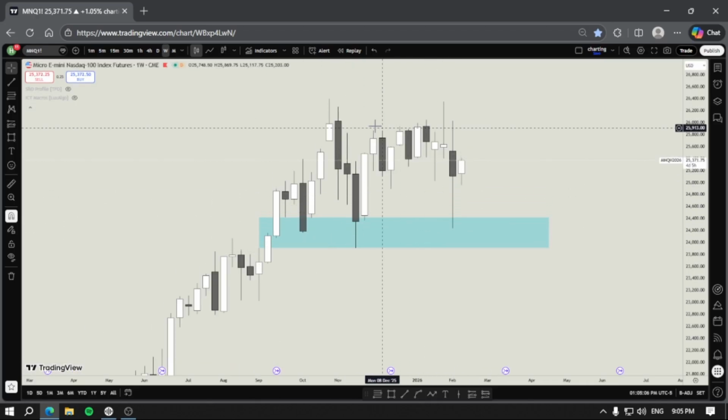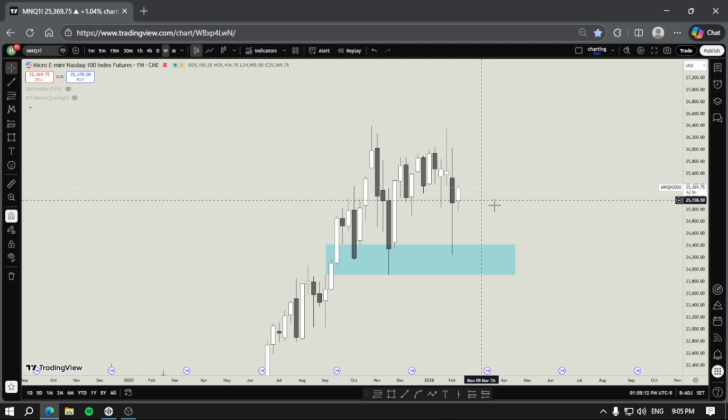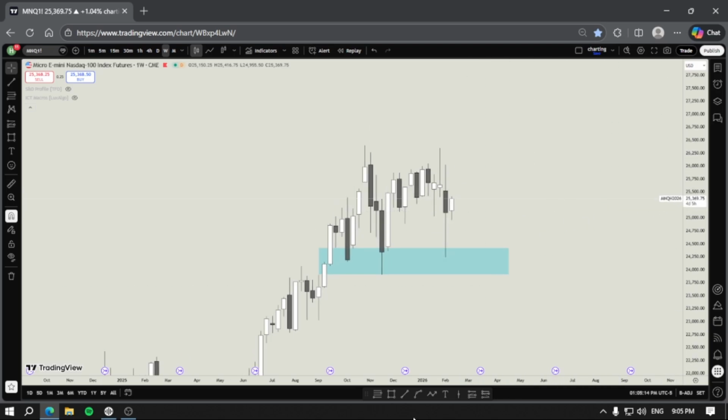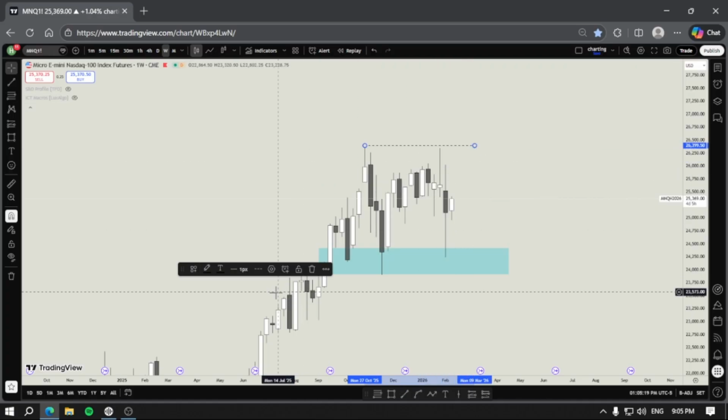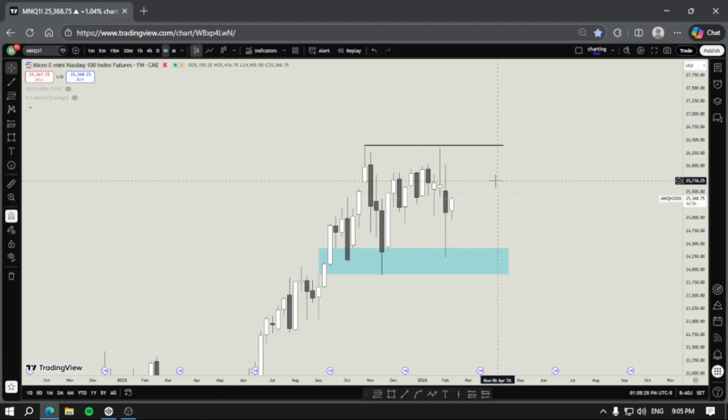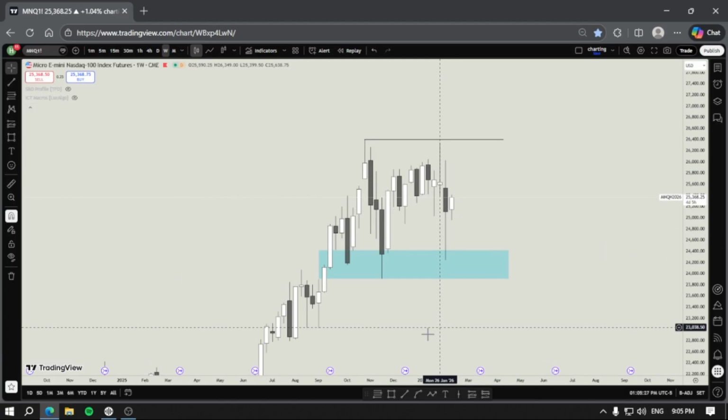And after that, when we look at the bearish side, we have no gaps. We have no single gap. So I can say overall the draw on liquidity is going to be those highs. Those highs are going to be my draw on liquidity overall.